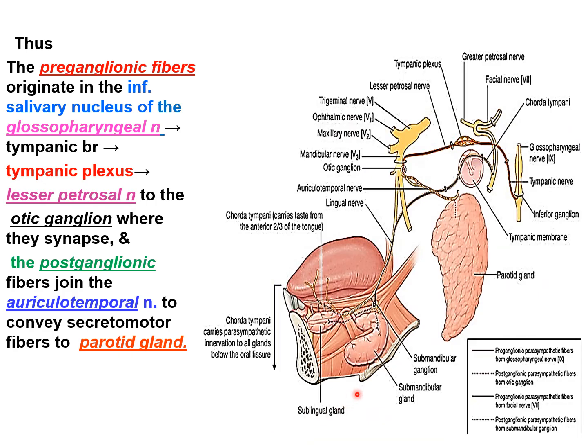So if we talk about the parasympathetic root of the otic ganglion again, the preganglionic fibers arise in the inferior salivatory nucleus of the medulla, passing through the glossopharyngeal nerve, the tympanic branch forming the tympanic plexus, and the lesser petrosal nerve. The lesser petrosal nerve relays in the otic ganglion where they synapse, and the postganglionic fibers join the auriculotemporal nerve to convey the secretomotor fibers to the parotid gland.